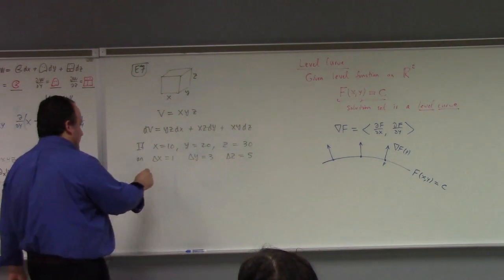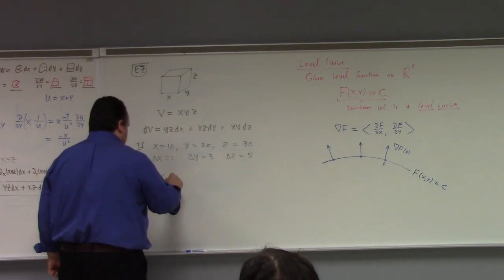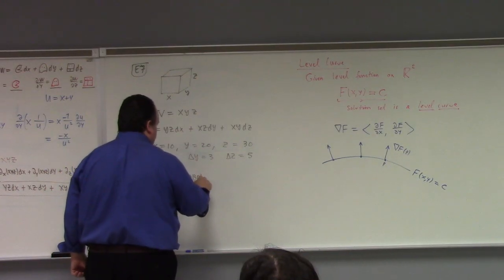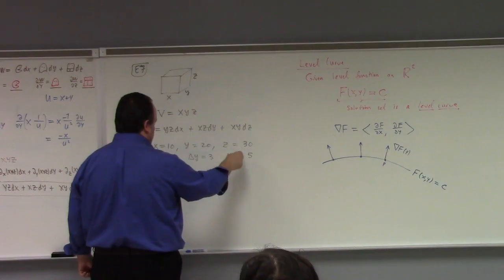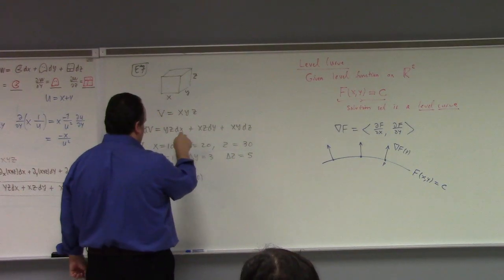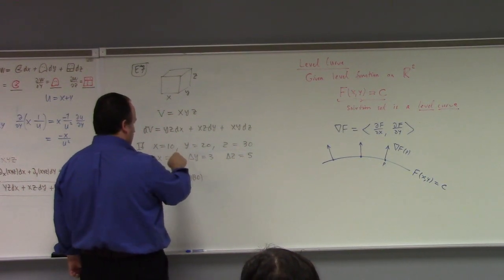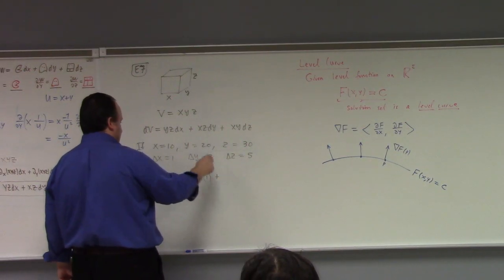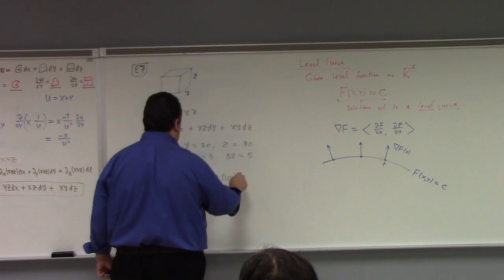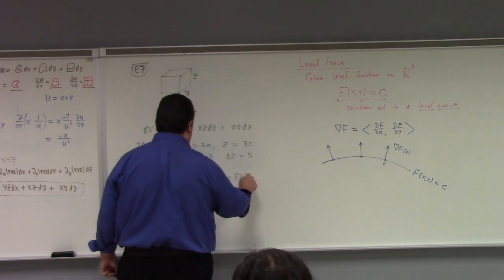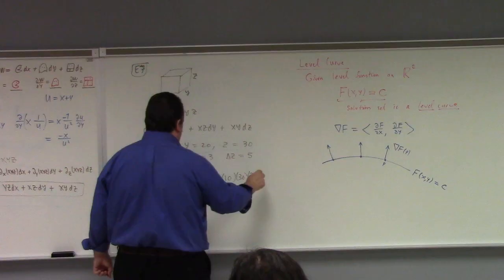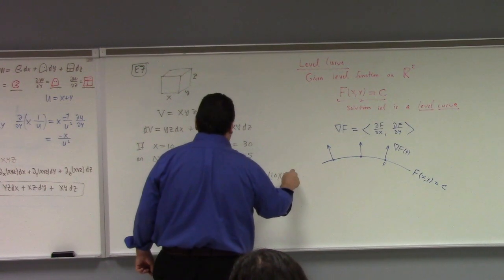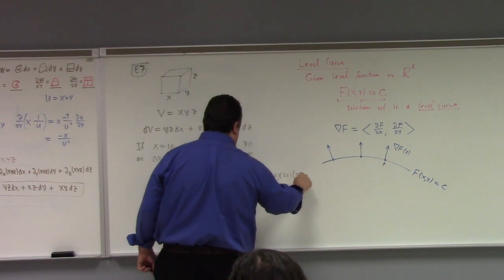It says the uncertainty in the volume is, roughly speaking, 20 times 30 times my delta x, which was 1, plus 10 times 30 times my delta y, which is 3, plus 10 times 20 times my delta z, which was 5.